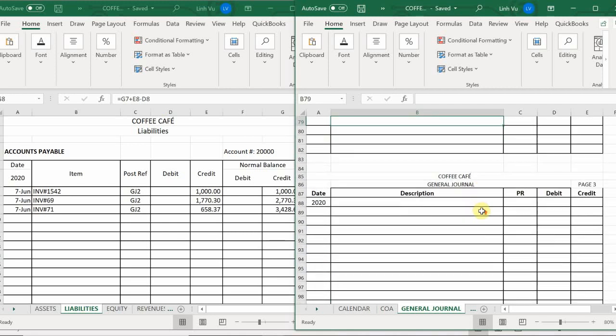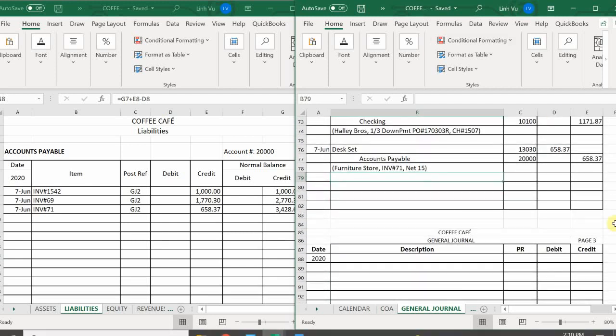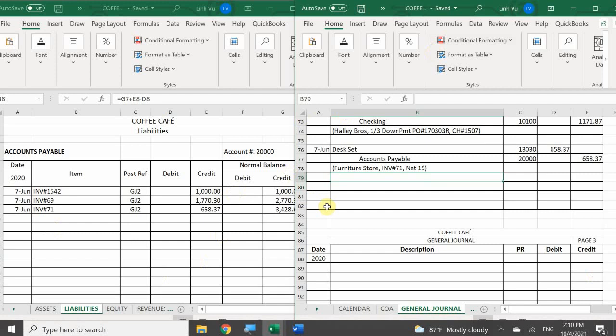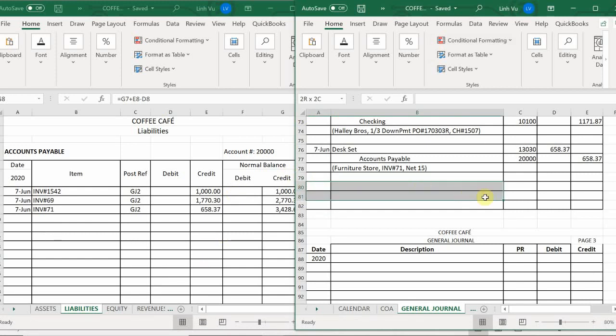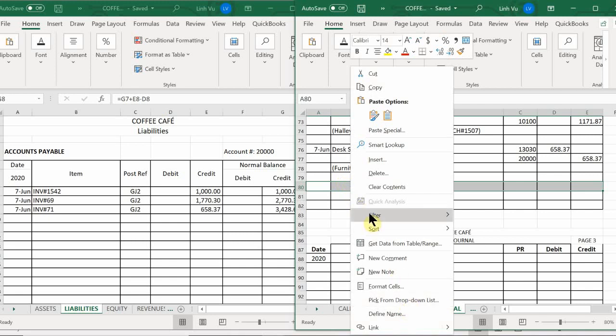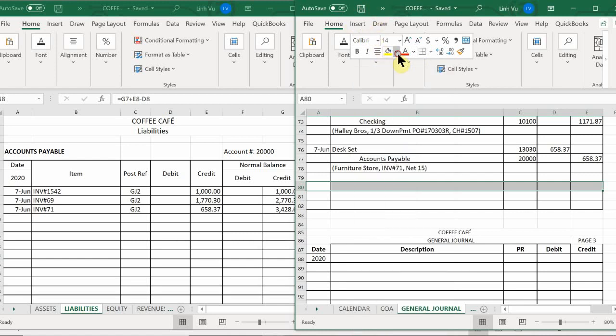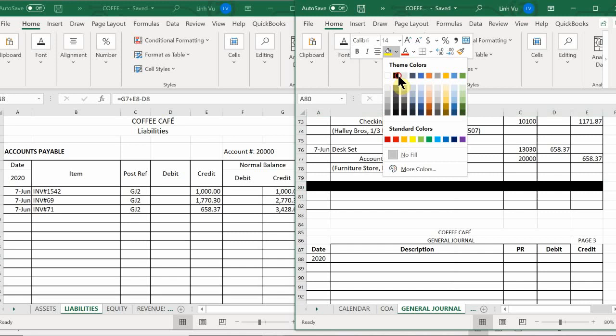Because I am at the end of this, what I like to do is block this part off so I let myself know that I am going to prepare a trial balance. I'm going to fill this and make it black.